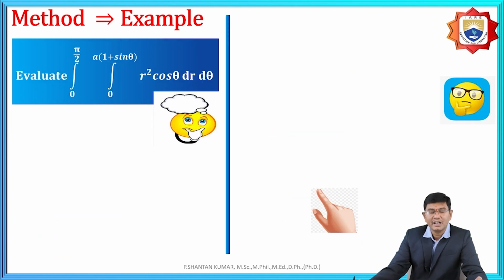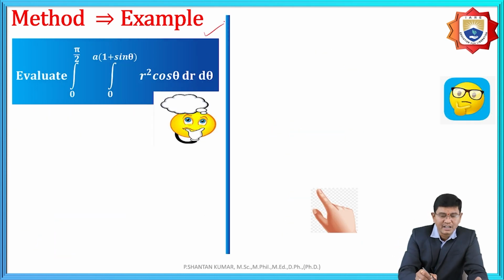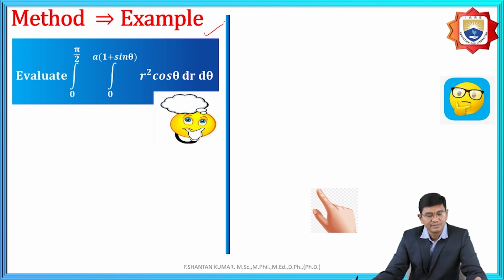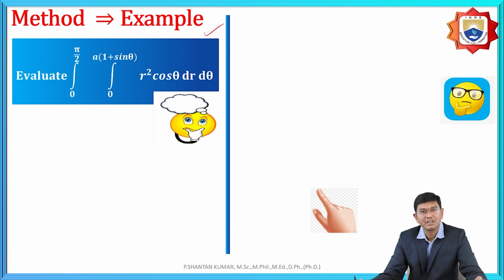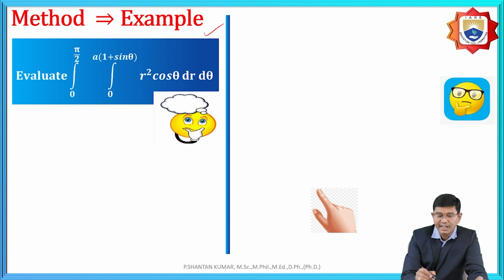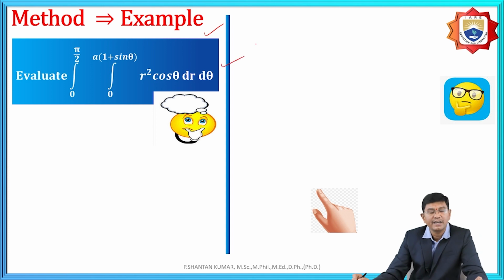Similarly, the next integration has limits 0 to pi by 2 and 0 to a into 1 plus sin theta, of r square into cos theta. Here also the limits are in terms of theta for one and pi by 2 for the other, integrating with respect to dr and d theta.